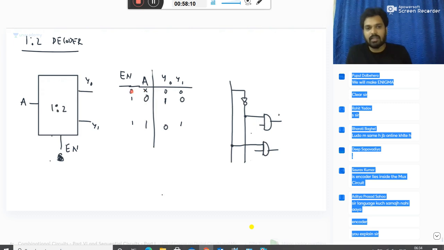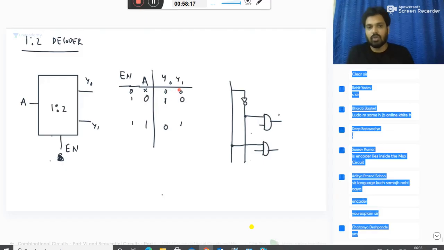When enable is 0, your y0 and y1 both will be zeros. When enable is 1, then based on A, which can be 0 or 1: when A is 0, y0 will be equal to 1. When A is 1, y1 will be equal to 1.